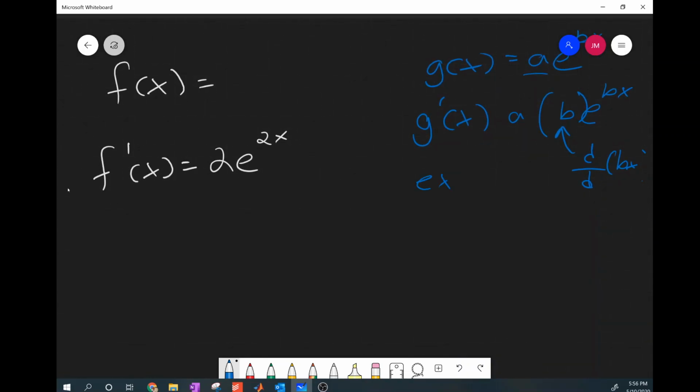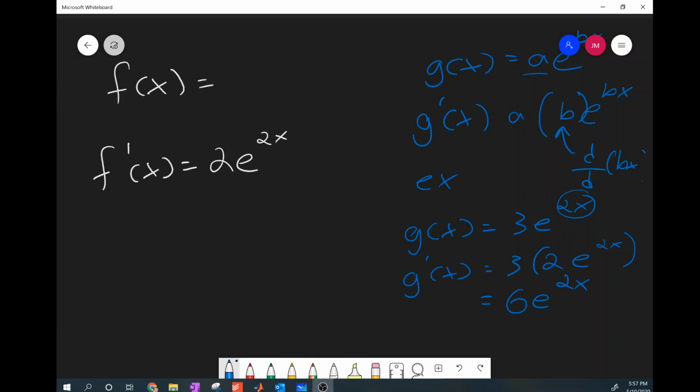A more concrete example, if I'm given g of x equals 3e to the 2x, then g prime of x is going to be 3, the derivative of 2x, which is just 2, e, and we leave the exponent alone, 2x. That'll give us 6e to the 2x.